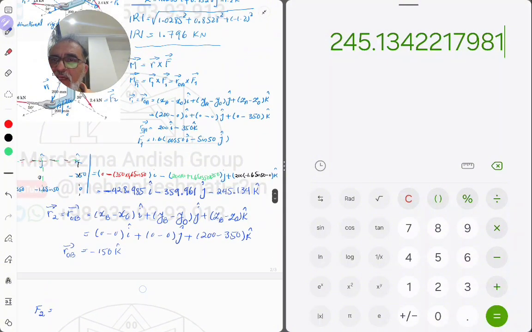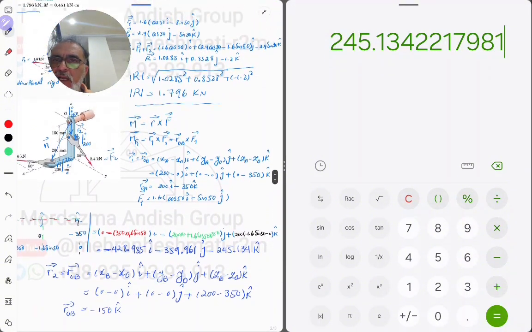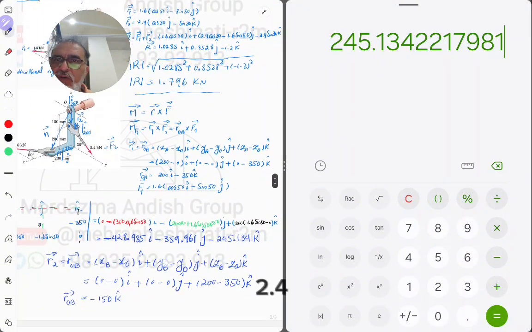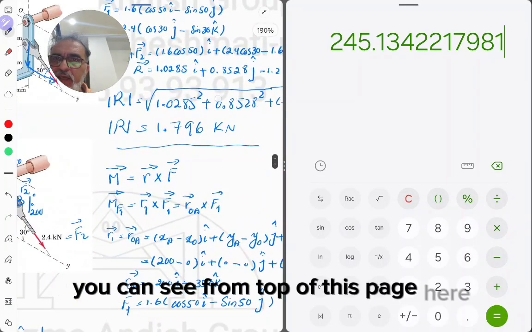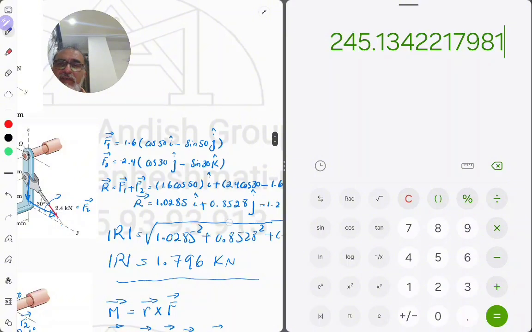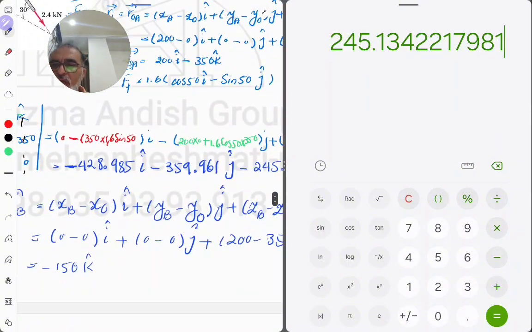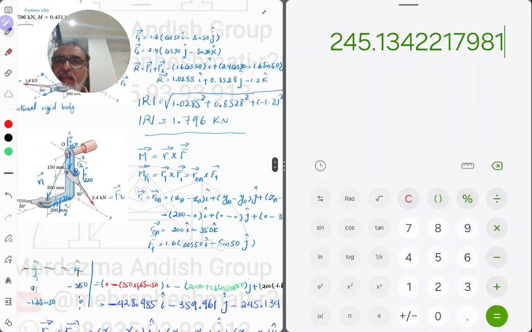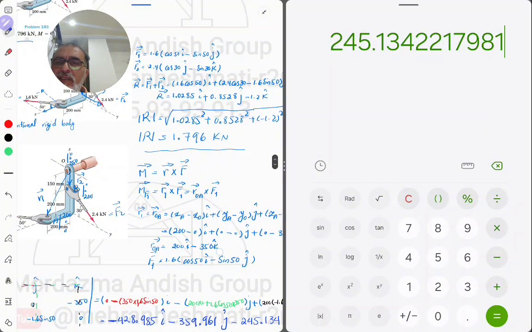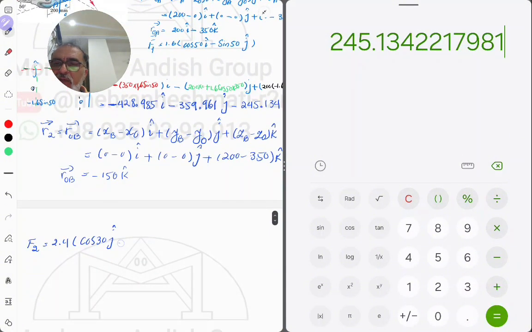Now F2 is 2.4, you can see from the top of this page here, 2.4 cosine of 30 j, and minus sine of 30 k.